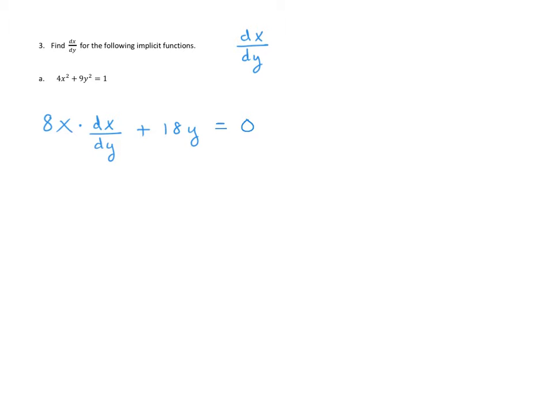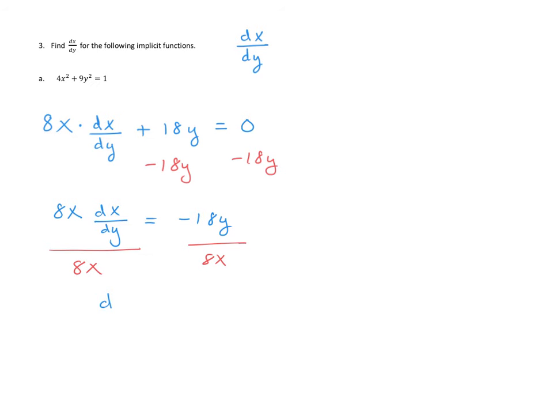Okay, I want to solve for dx dy, so I'm going to subtract 18y from both sides of my equation. I get 8x dx dy is equal to negative 18y. I'm going to divide both sides by 8x, and I have my answer.